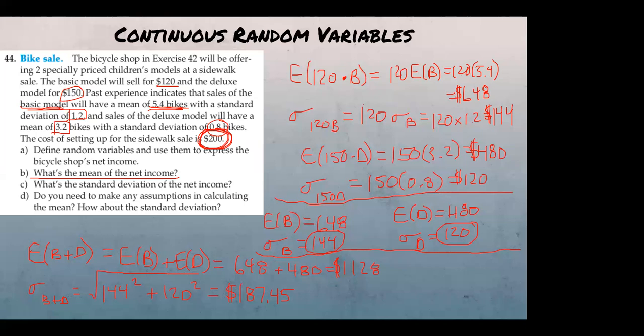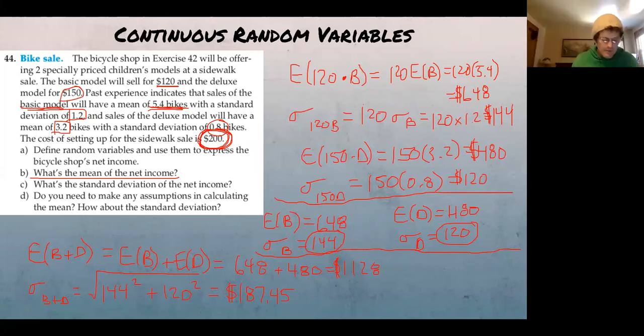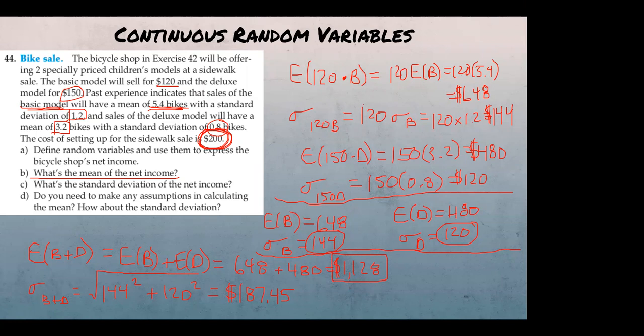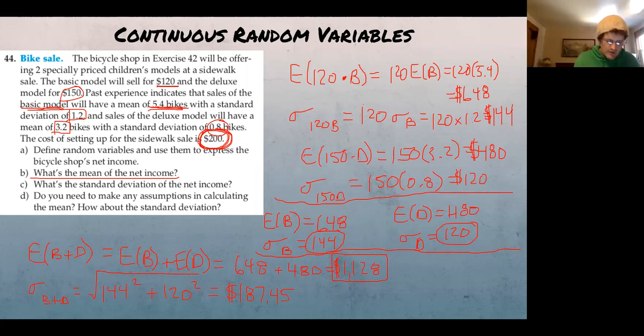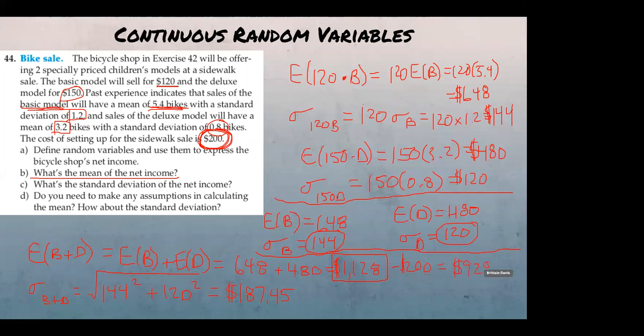If we are typically earning $1,128, are we really walking away with $1,128? Would you have to subtract the $200, the expenses? There you go. We had to subtract our cost for setting up the sale. So if we subtract that, that's pretty straightforward. That's going to make it $928.